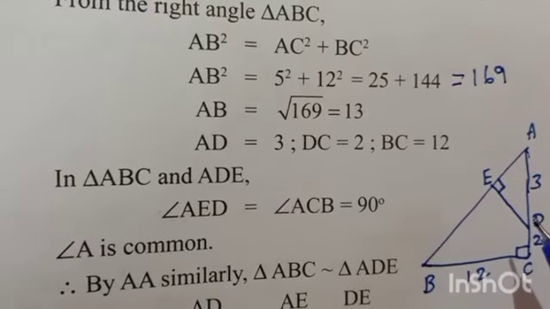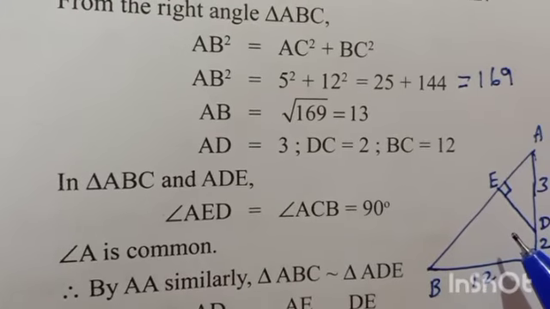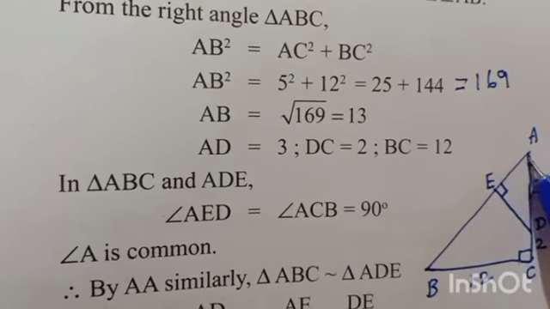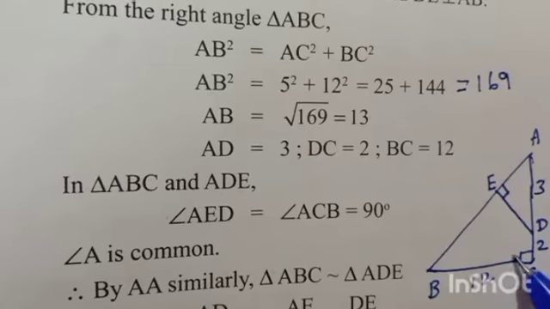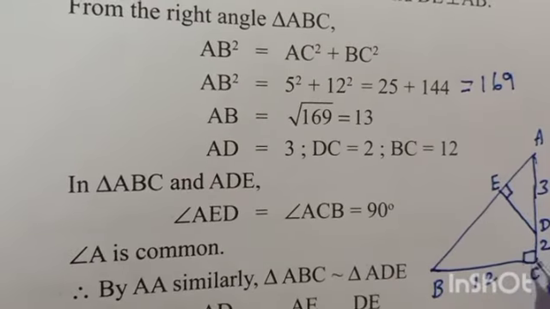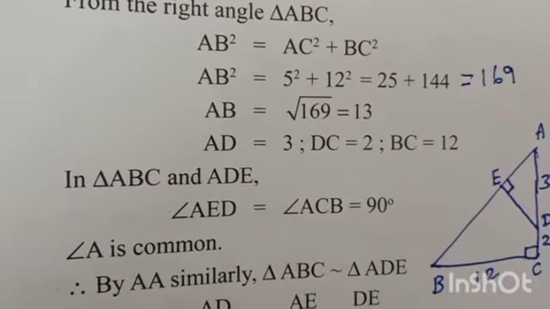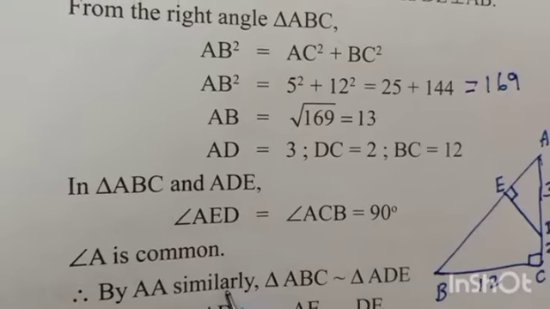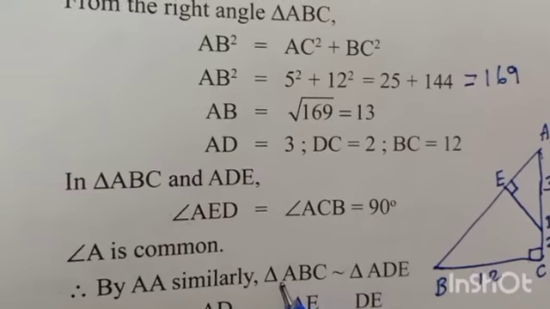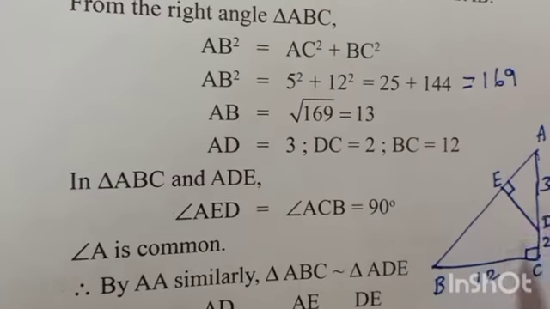If any two angles are equal for the given two triangles, they are similar. Yes, we found angle A is common. For this small triangle, one angle is 90 degrees. For this big triangle, angle C is 90 degrees. So we have to apply AA similarity or AA criteria. Okay, so triangle ABC is similar to triangle ADE.